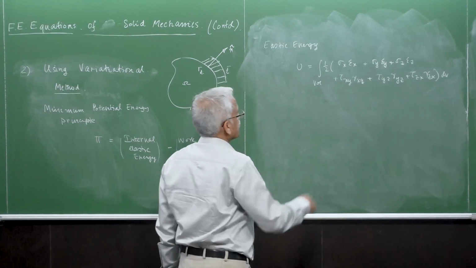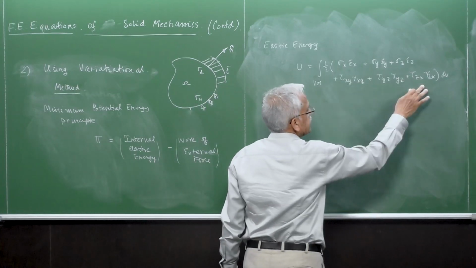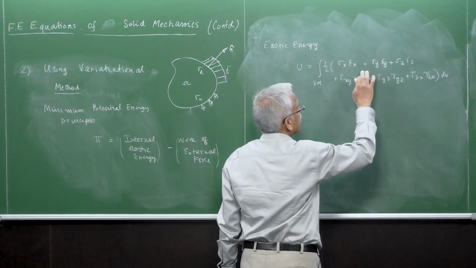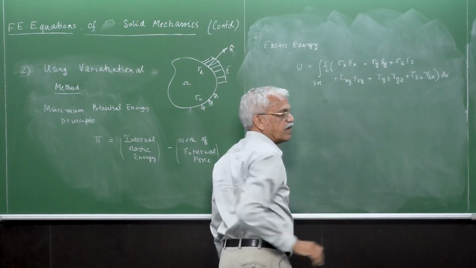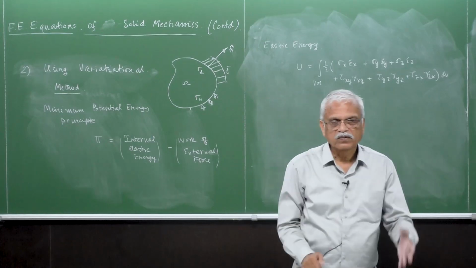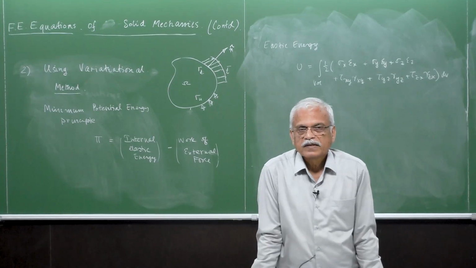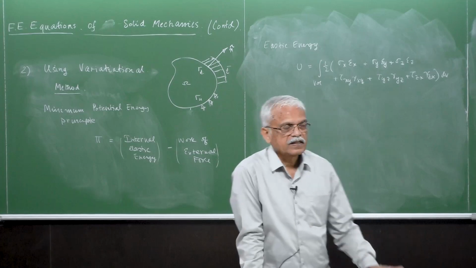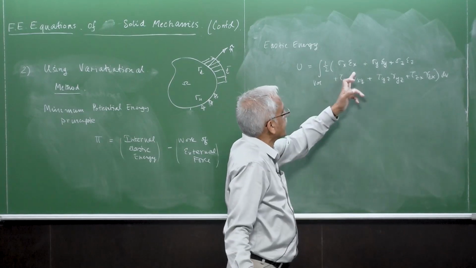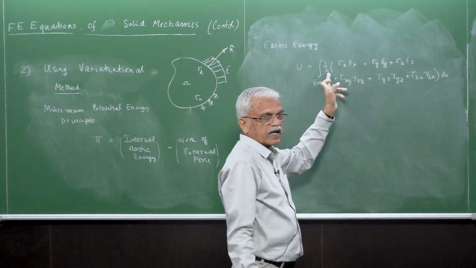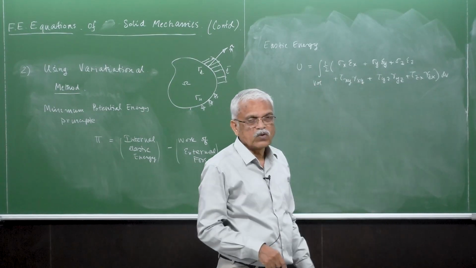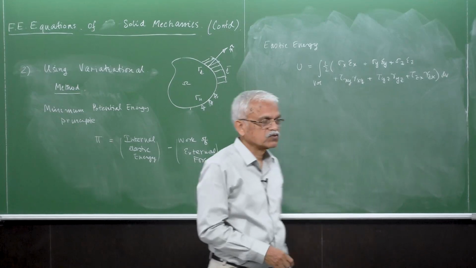Okay, so this is the strain energy density, right. And of course there is a half here, because when you start loading from the zero state, by the time you come to the final state, there is a half because it's a linearly behaving solid.